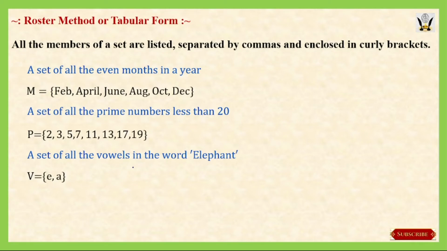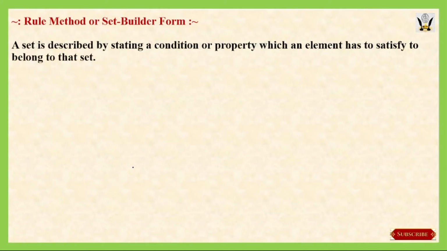Now the next type of representation is the rule method or set builder form. In this method, the set is described by stating a condition or property which an element has to satisfy to belong to that set. For example, here a set of all the prime numbers less than 20. So here the conditions are that all the elements will be prime numbers and they have to be less than 20.